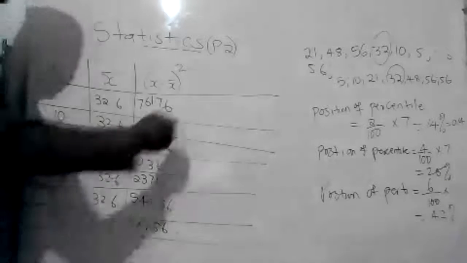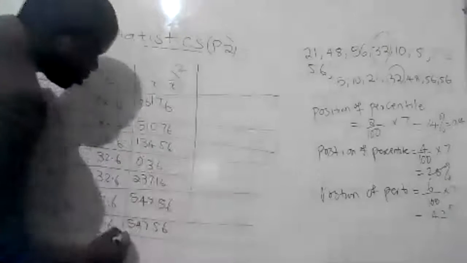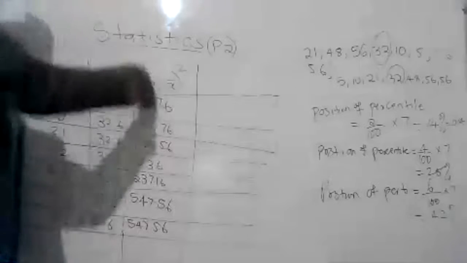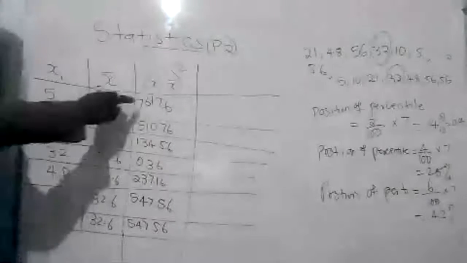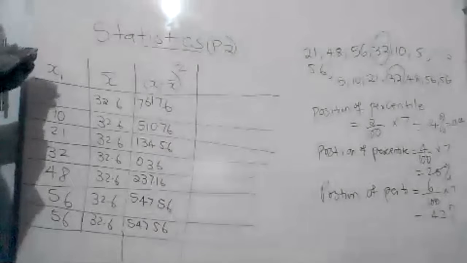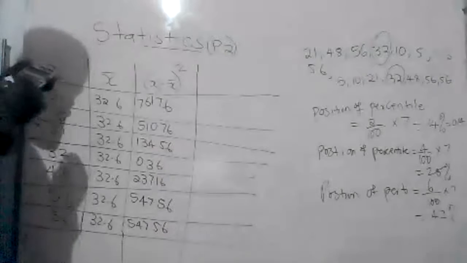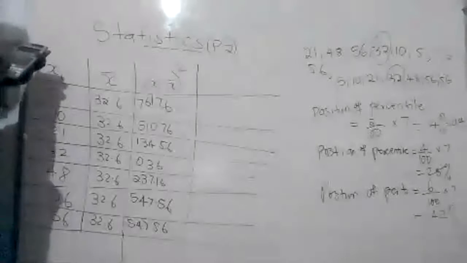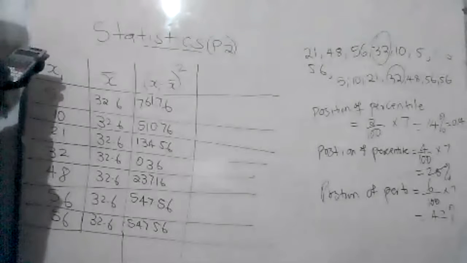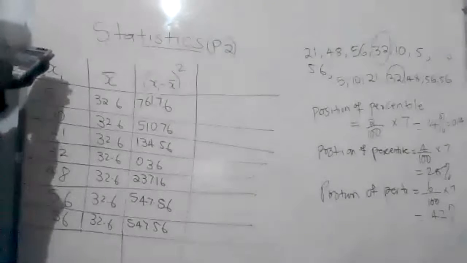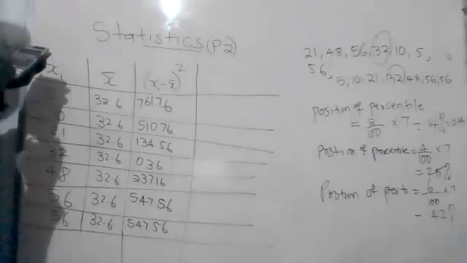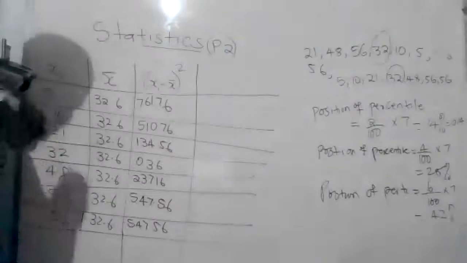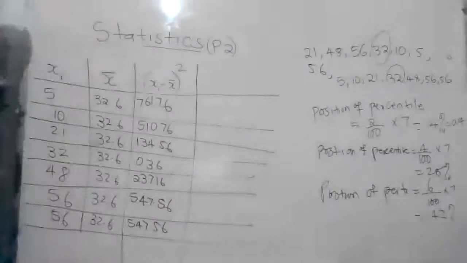All right. Then after having that, we sum up all these values here. We add all of them. So when we add all these values, let me add all of them: 761.76 plus 510.76 plus 134.56 plus, let me verify that value.